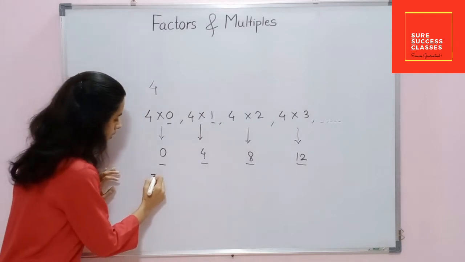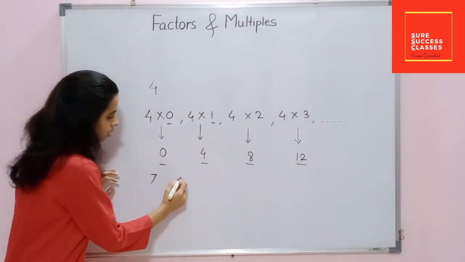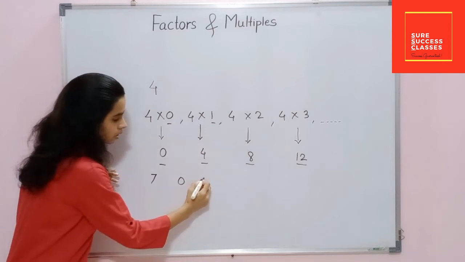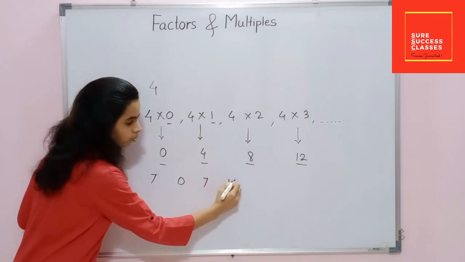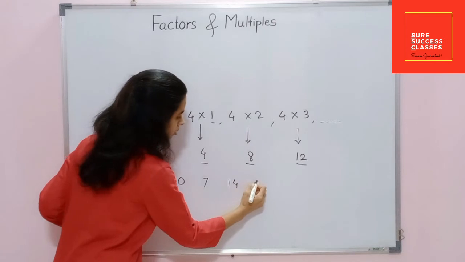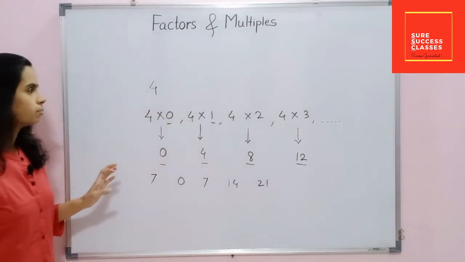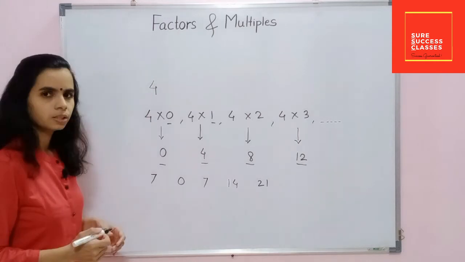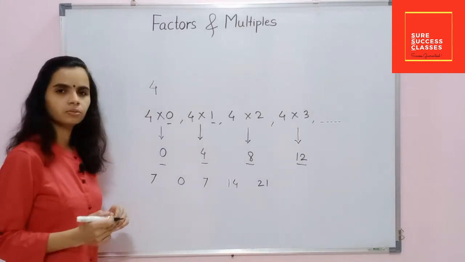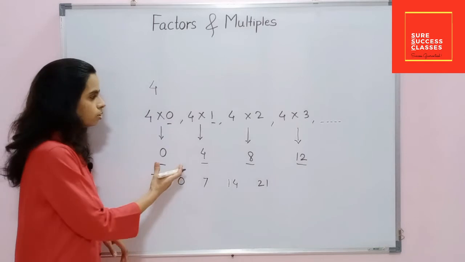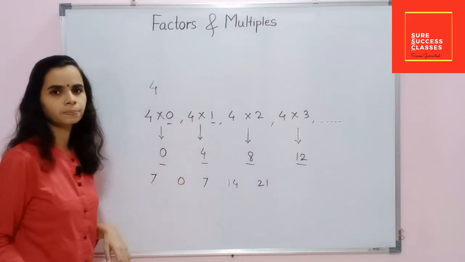Similarly, the multiples of 7 are: 7 zeros are 0, 7 ones are 7, 7 twos are 14, 7 threes are 21. In this way we can find the multiples of any number. Generally in our study we will consider the non-zero multiples of any number.